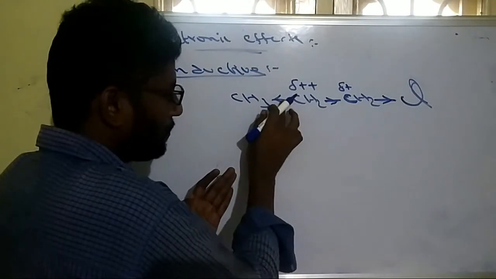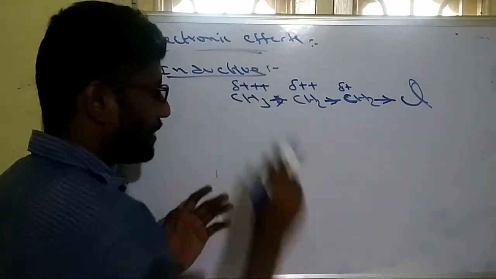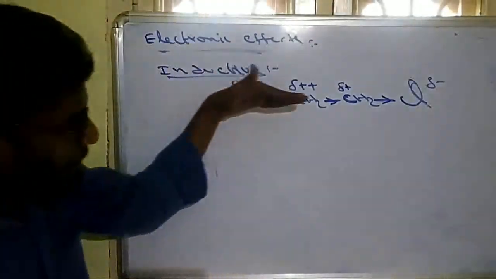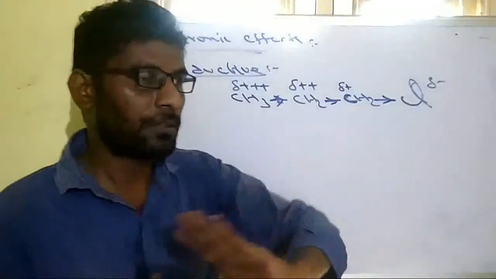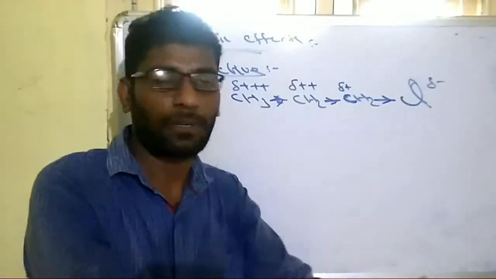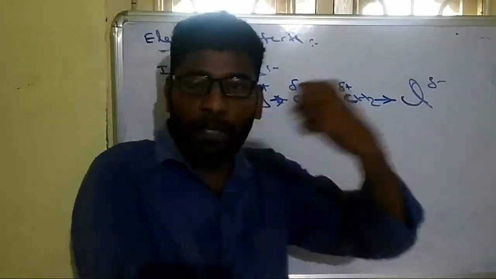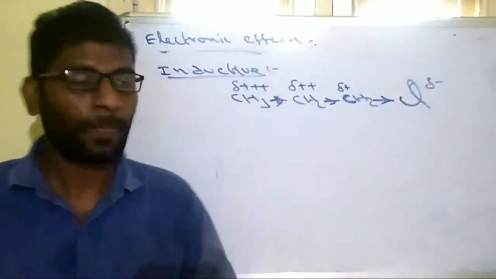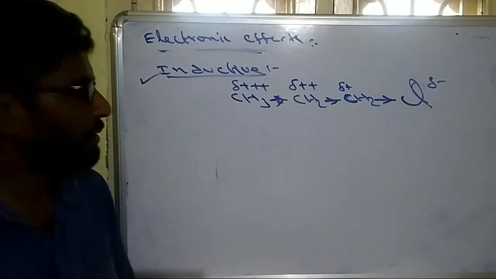It will pull from this, it will become electron deficient, whereas this will become electron rich. So through sigma bonds, electrons are going towards the more electronegative atom. This shifting is a permanent shift. Electrons never come back because it is the more electronegative atom, which always pulls electrons. So the permanent shifting of sigma bonded electrons towards a more electronegative atom is called inductive effect.